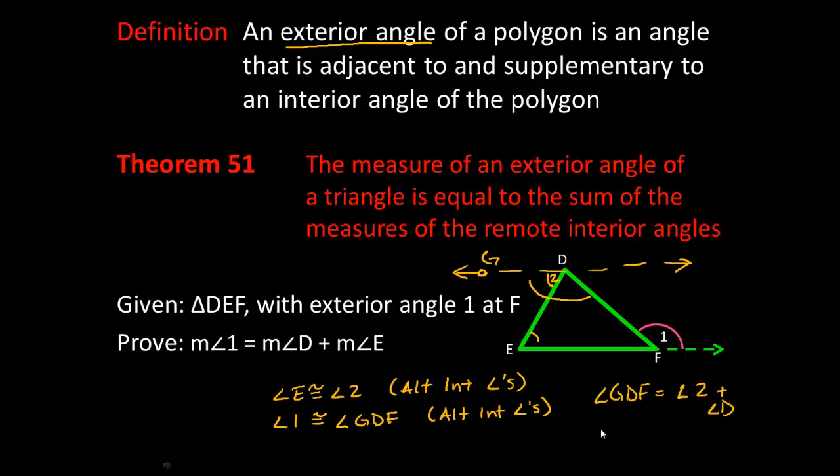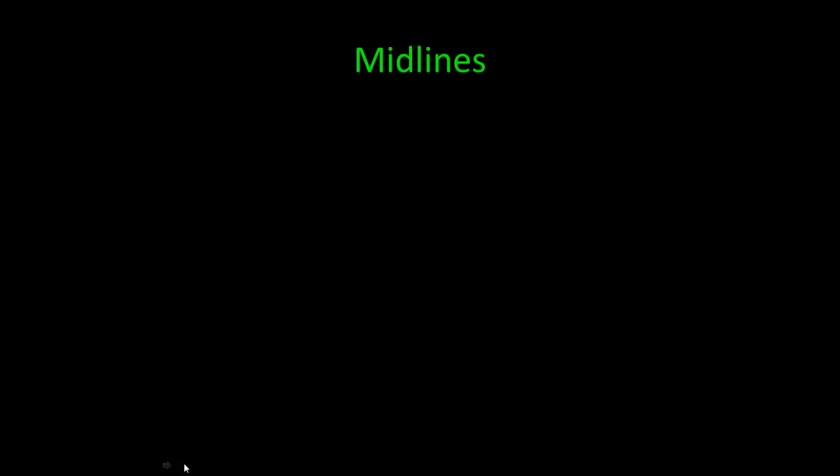All right, and we can substitute in, because instead of calling this GDF, we can just say measure of angle 1, since they're congruent, equals the measure of angle D, which we have stated, and the measure of angle 2, which we said was the same as angle E. So plus the measure of angle E. So that's how that works. Now you know how it works. You're going to be using that quite a bit over this unit.